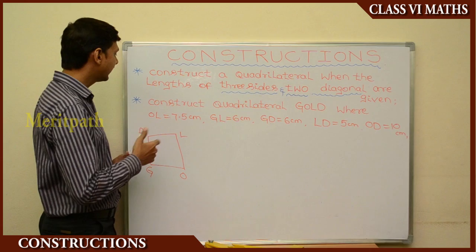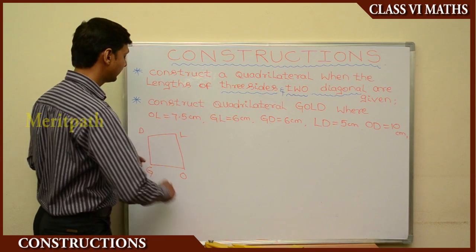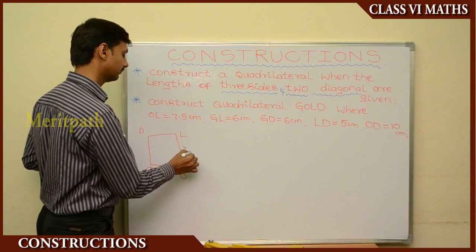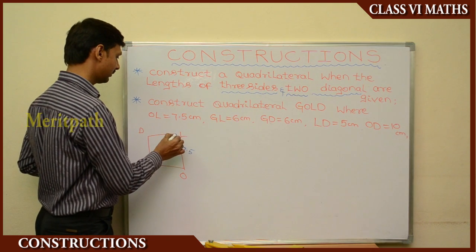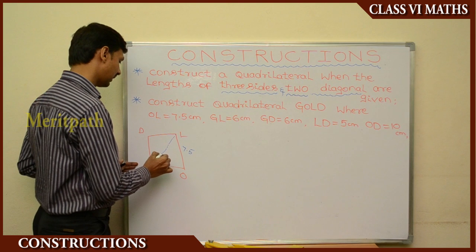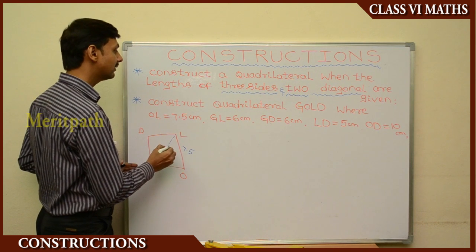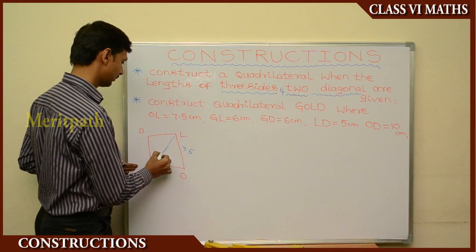So let's see. GO, it's not given anywhere. OL, you know, it's 7.5 centimeters. And GL, you know GL, this is a diagonal of the quadrilateral.